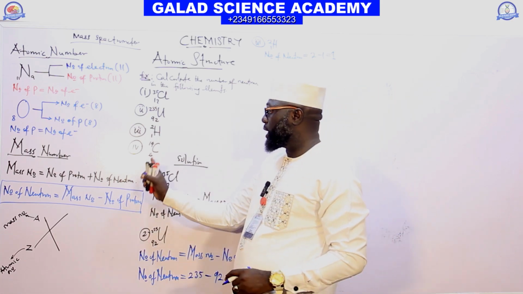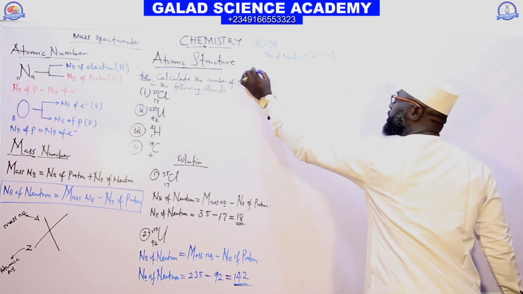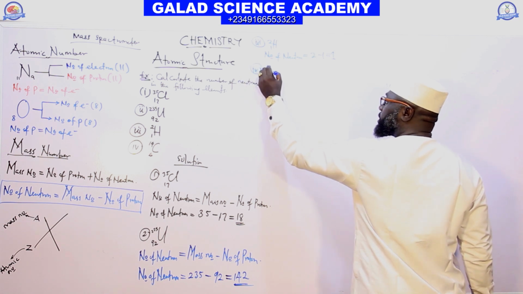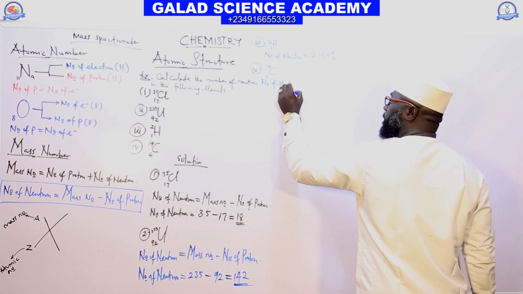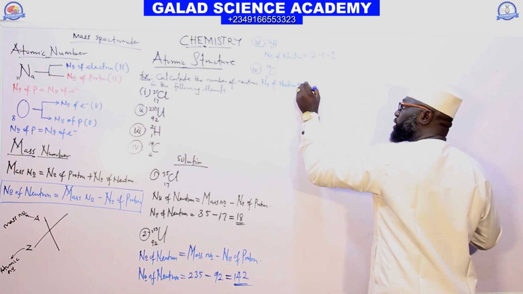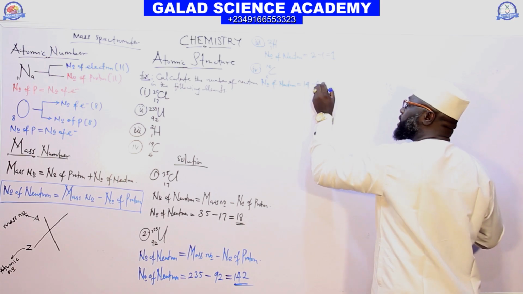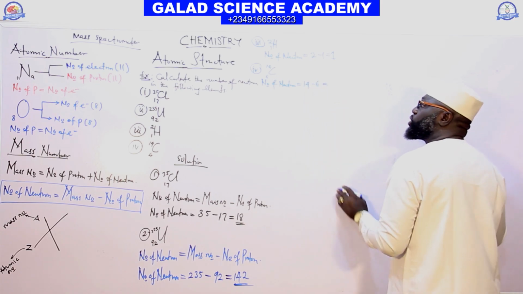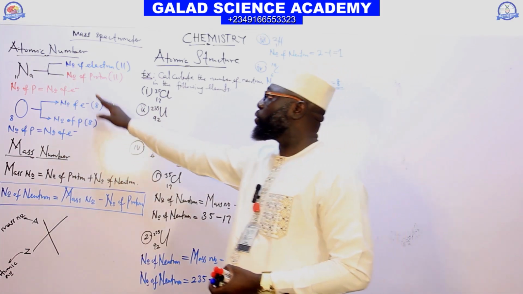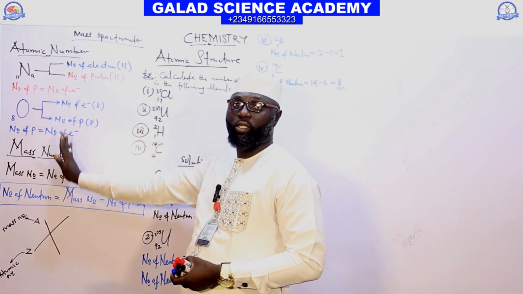In carbon, which is Roman figure 4, the number of neutrons should be 14 minus 6. Subtract it, it will give us 8. Thank God we have understood what we call the atomic number and the mass number.